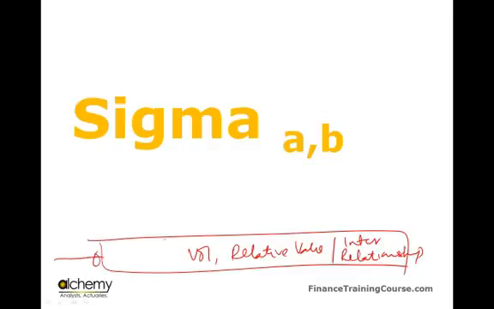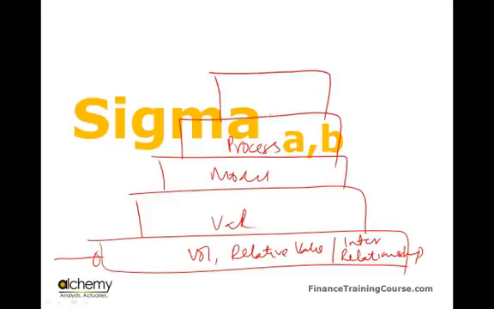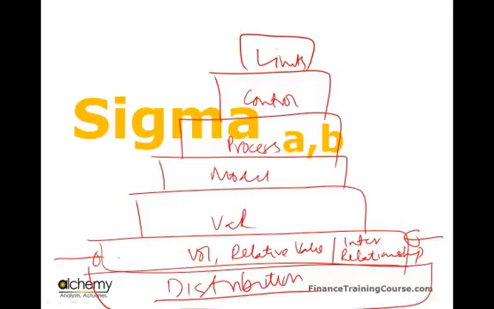So the entire pyramid of value at risk, of models, of process, of control, of limits, the entire model is based on this foundation. There is another assumption, obviously, and that assumption deals with distribution. What's the underlying distribution? So this model is basically based on stability at these two layers.